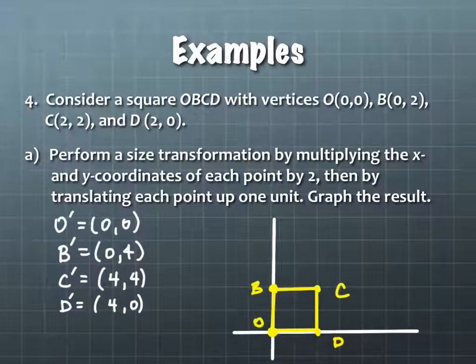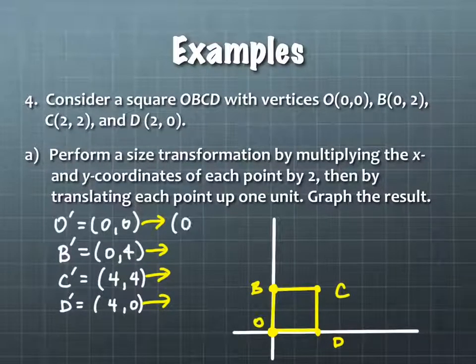It says perform a size transformation by multiplying x and y coordinates of each point by 2. And then it says we're going to translate each point up 1. So if I'm supposed to translate each of these up 1, how is that going to affect the ordered pair? You add 1 to the y.